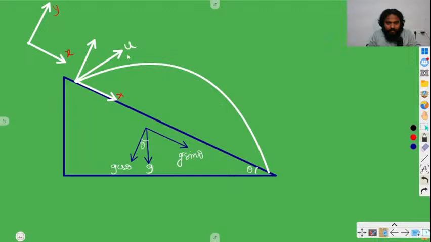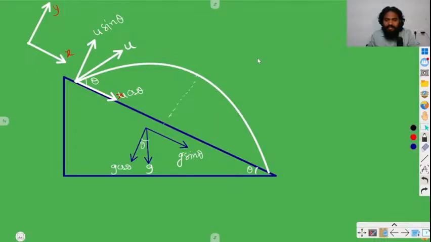And now here if you observe carefully, you are projecting with velocity u by making angle theta with the surface, right? This is u sin theta and this is u cos theta, and this is the maximum height. So now if you want to find the time of flight, what is the time of flight formula?